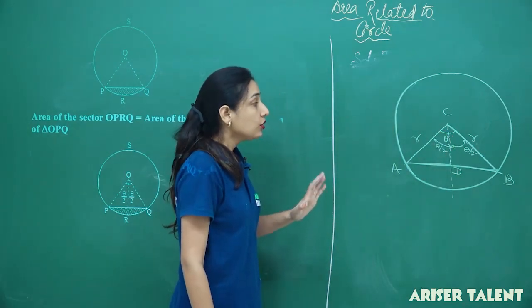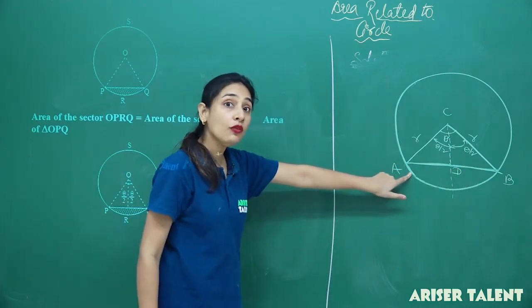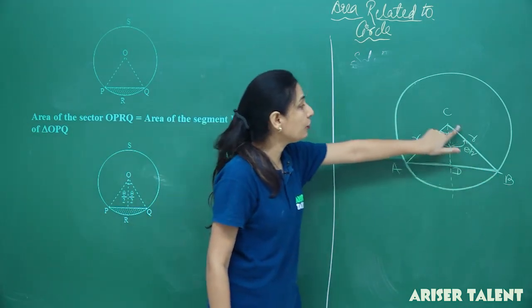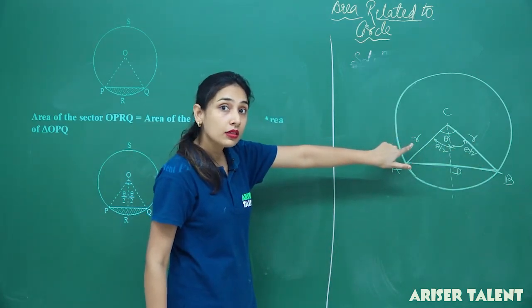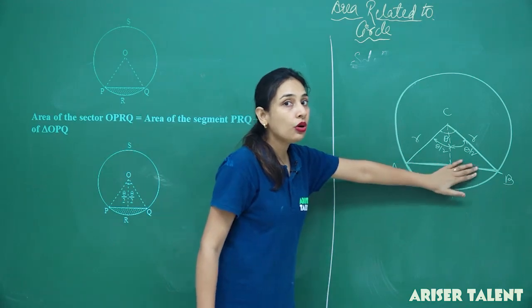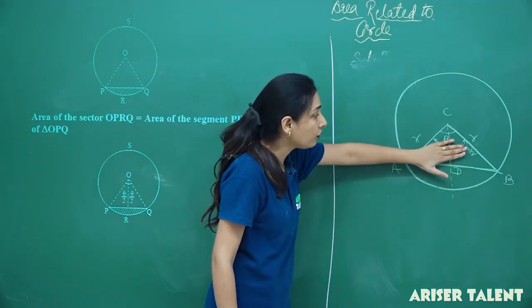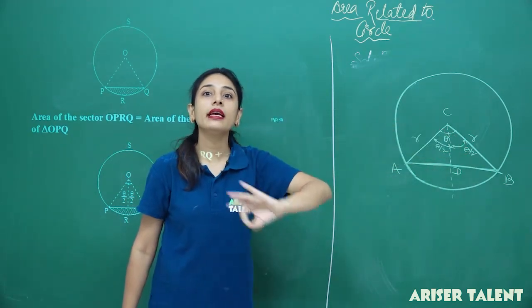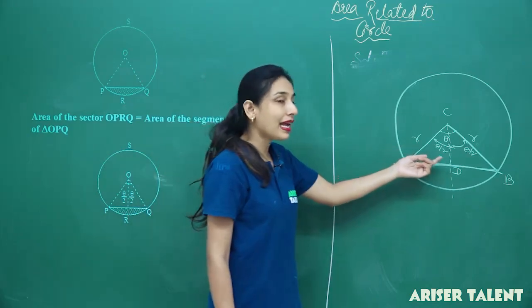Okay, students. So what you have to do, you have to find this area. Now how will you find? You know how to find the area of this segment, sorry, sector, this sector. Okay, you know how to find this area of sector. Now you also know how to find the area of this triangle. Triangle's area is nothing but half multiplied by base multiplied by height. So just apply that formula.